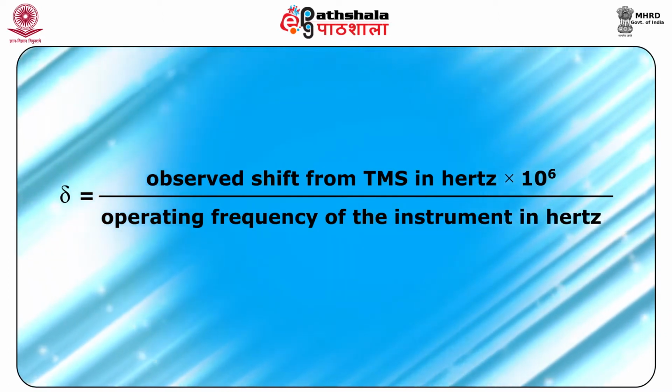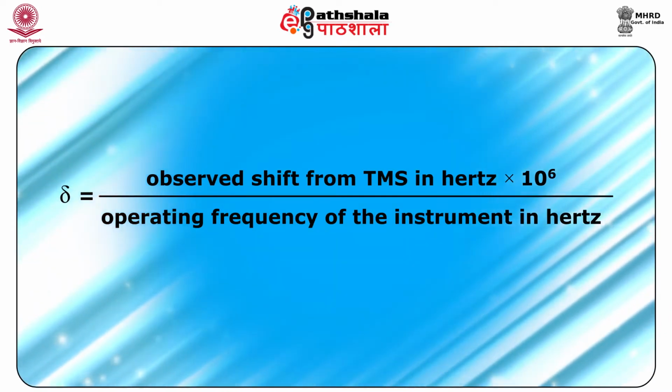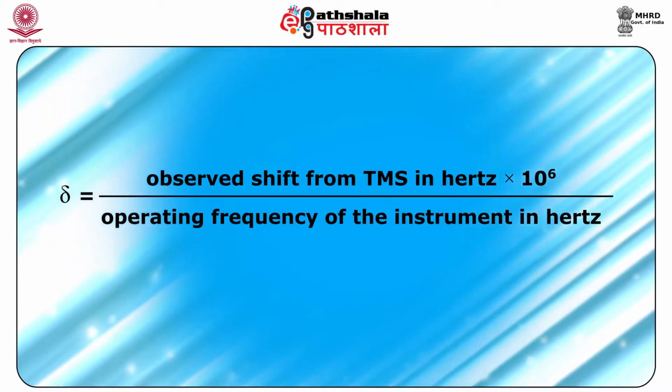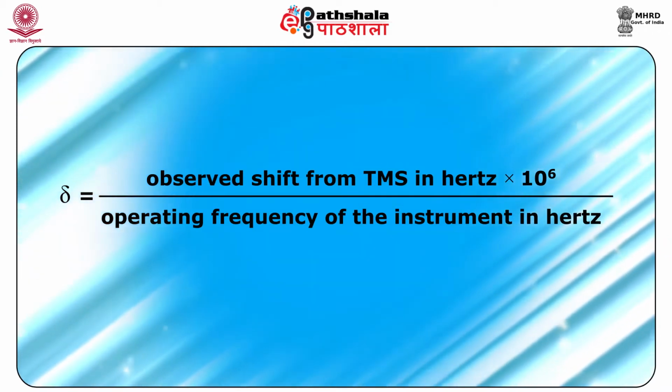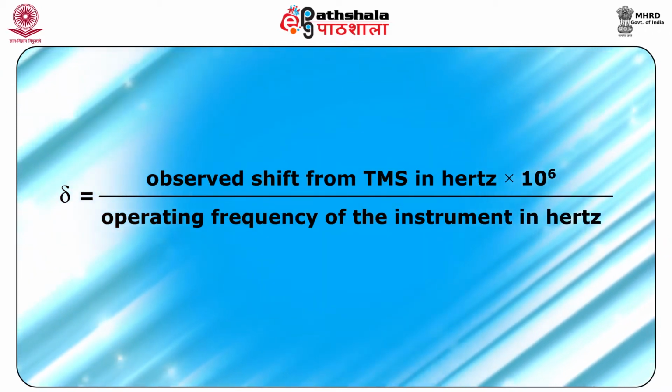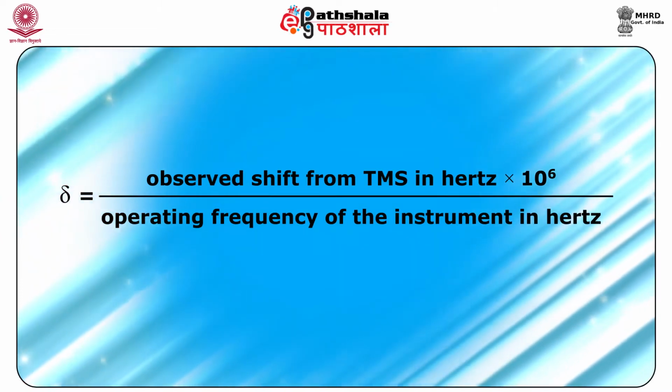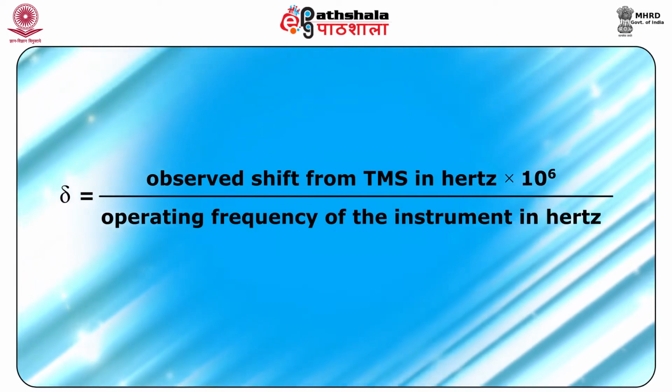Putting this mathematically, delta is equal to observed frequency shift from TMS in hertz times 10 to the power 6, divided by the operating frequency of the instrument in hertz.